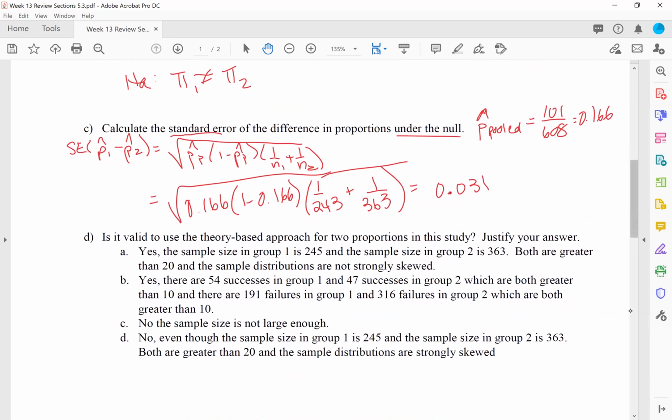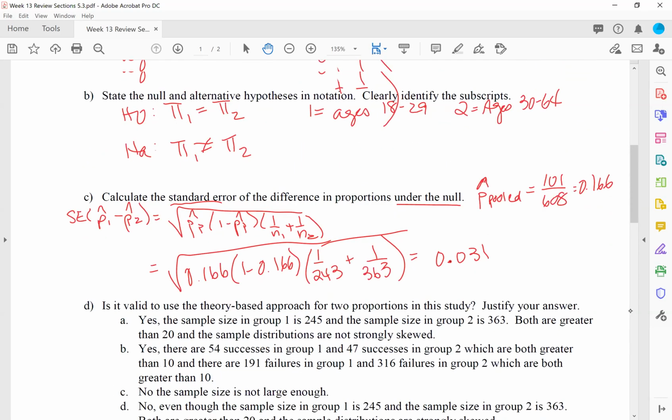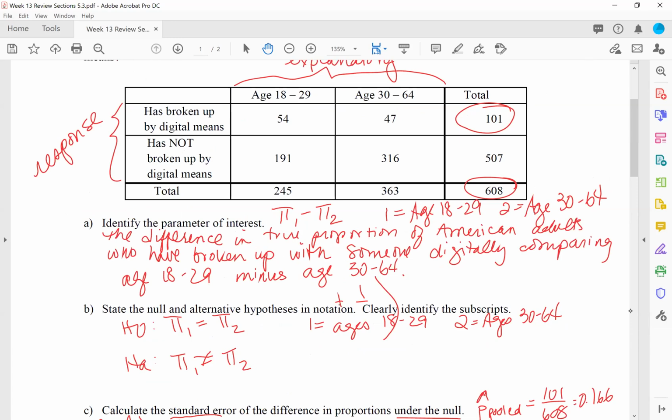Right, in part D, it's asking about those validity conditions. Is it valid to use the theory-based approach for the two proportions for this study? So what do we need to know? How many successes are in group 1 and group 2? Right, so we're going to go back up here, and has broken up with digital means is a success and this is the failure.